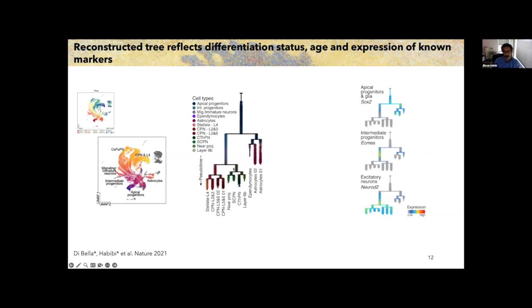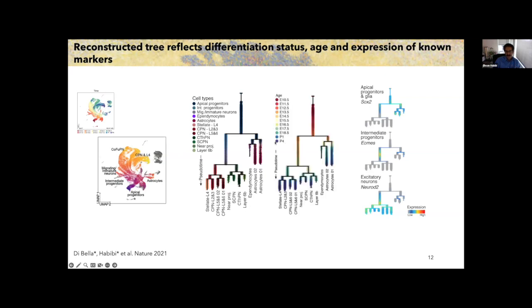So now we can computationally infer differentiation trajectories from single cell data to generate a branch tree. Here you can see that the tree that we have generated reflects the differentiation status and also the age of the cell types that are generated over time.